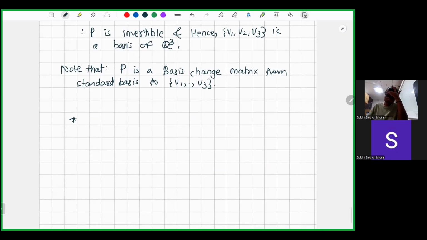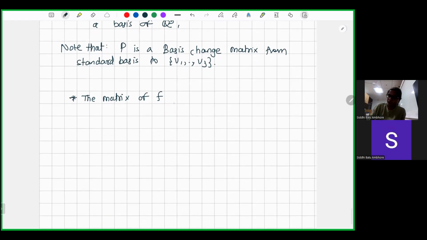So now we have to calculate. We were asked two things: to check that v1, v2, v3 form a basis of Q3, and the second thing, to give the matrix of F in terms of this basis.